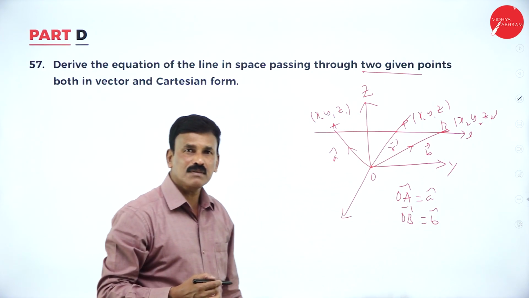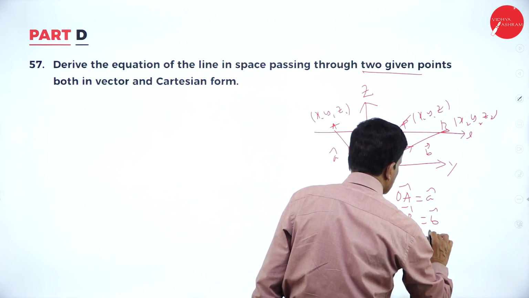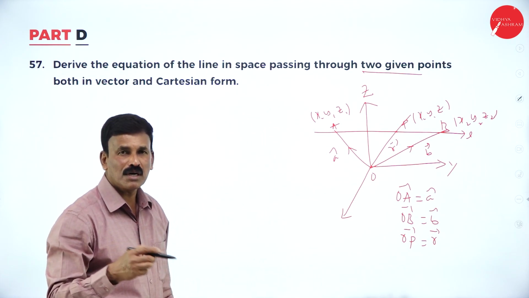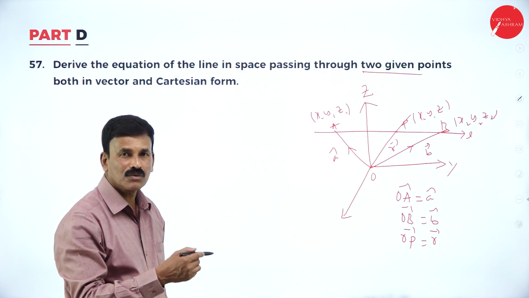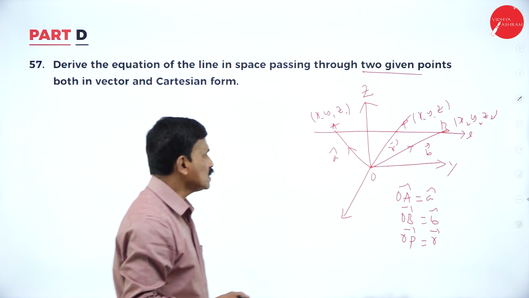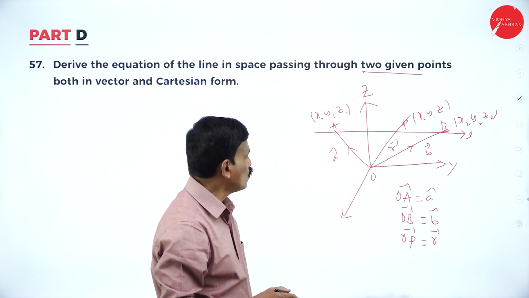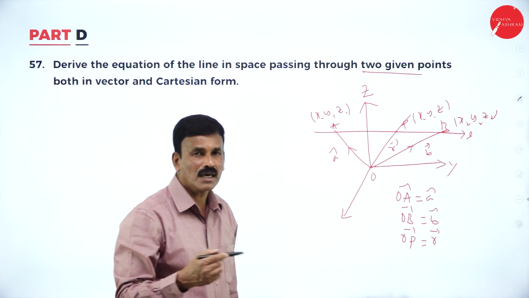Let P(x, y, z) be any point on the line whose position vector is vector OP equals vector r. That's it. So, let us consider a line passing through the two points A and B. The position vector of A is vector OA equals x1, y1, z1, that is OA is vector a, and the position vector of the point B(x2, y2, z2) is OB equal to vector b. Let P(x, y, z) be any point on the line.